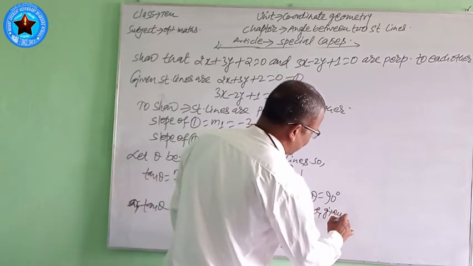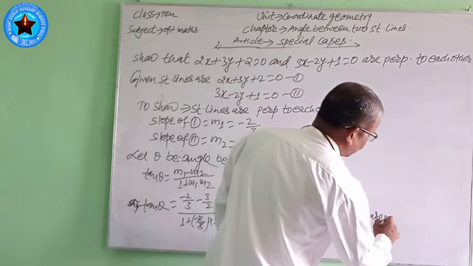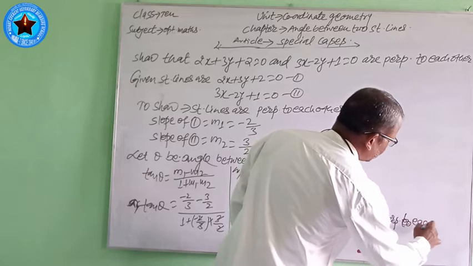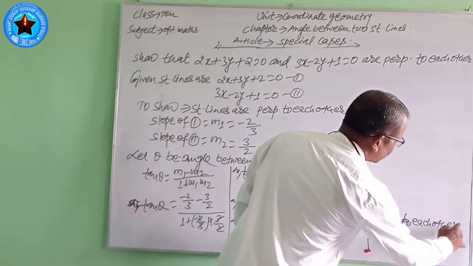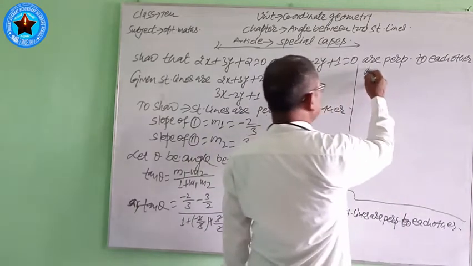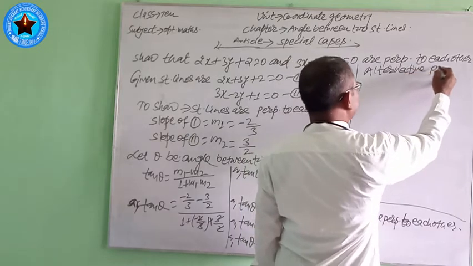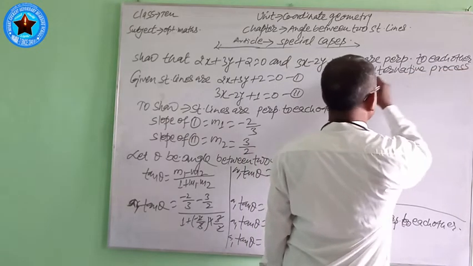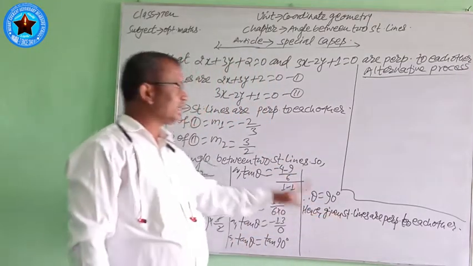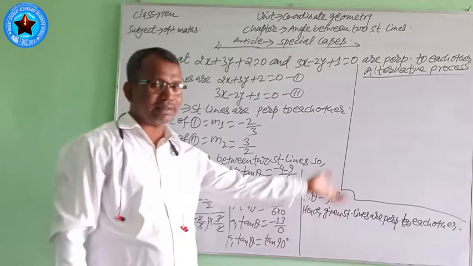Hence the given straight lines are perpendicular to each other. An alternative process we can also do. Going through this process, we come to the conclusion that the straight lines are perpendicular to each other, theta equals 90 degree.